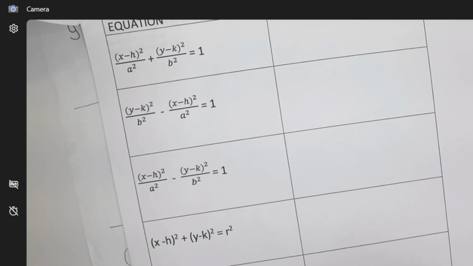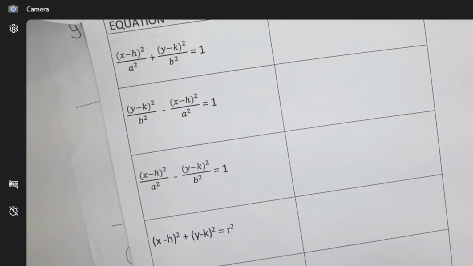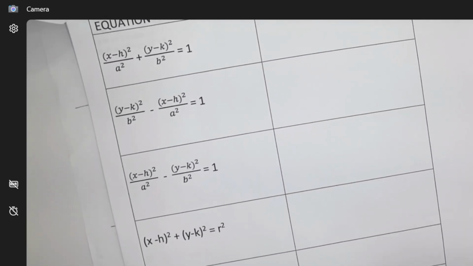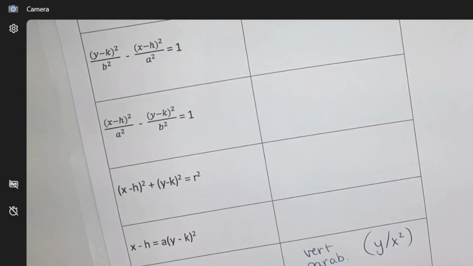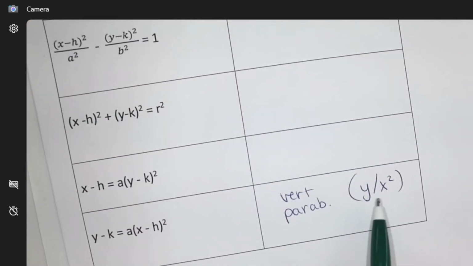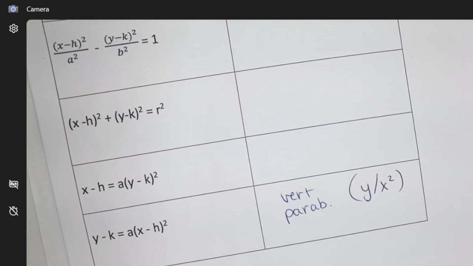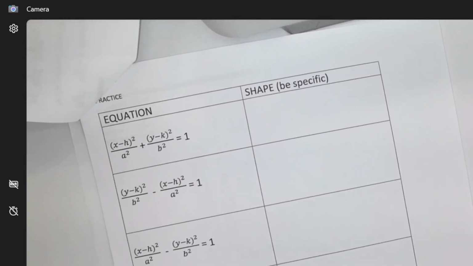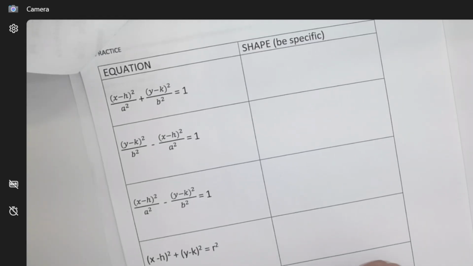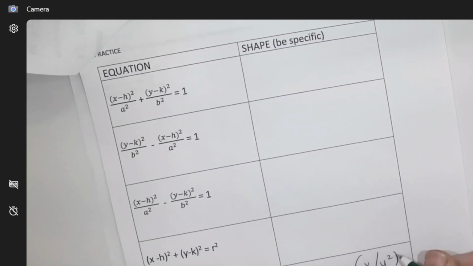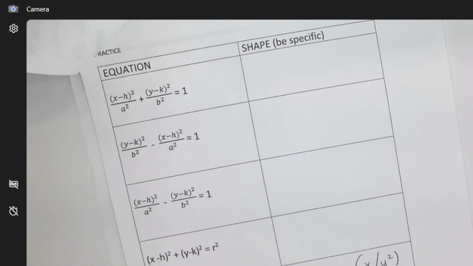The bottom one. Vertical parabola, because it's a y and an x squared. That's how I knew. There was a y involved and an x squared involved. Okay, so then which one is the new parabola, the horizontal parabola? The next from the bottom. And how did I identify it? Because there's an x and a y squared.